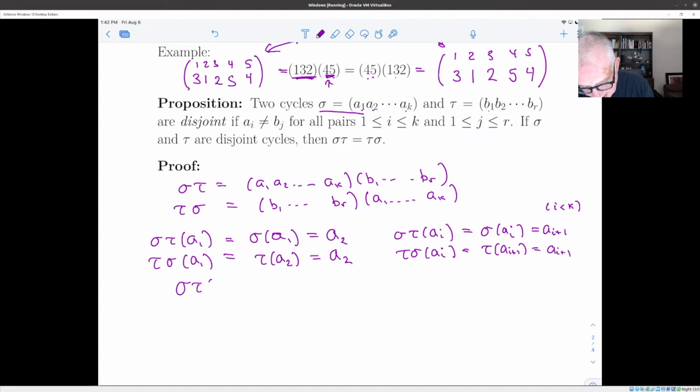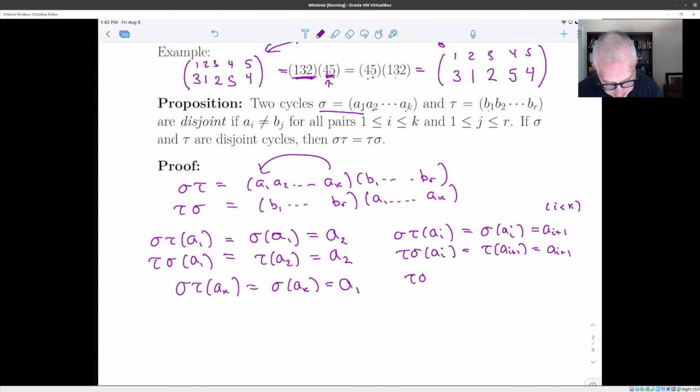Sigma tau of A sub k: tau leaves A sub k alone, and sigma of A sub k is A sub 1, because that goes back to the beginning of the cycle. On the other hand, tau sigma of A sub k is tau of A1, which is A1, because sigma of A sub k is A1, and tau of A1 is just A1 since tau doesn't move any of the A's.